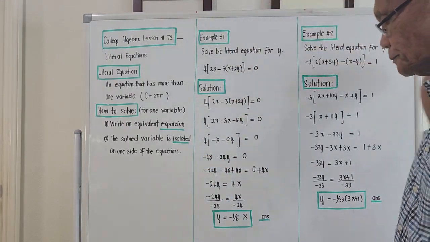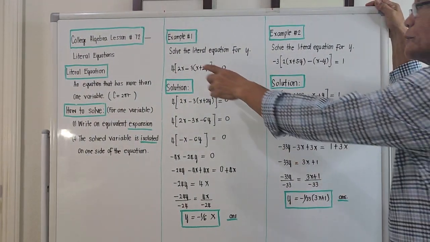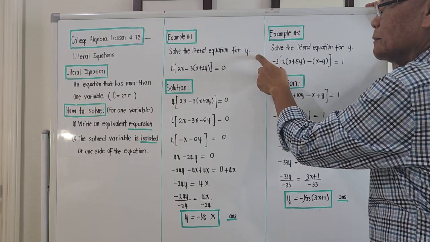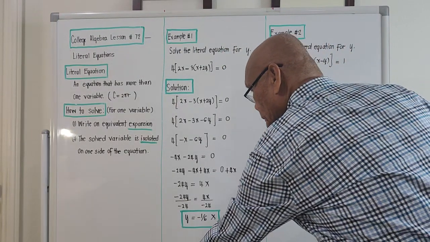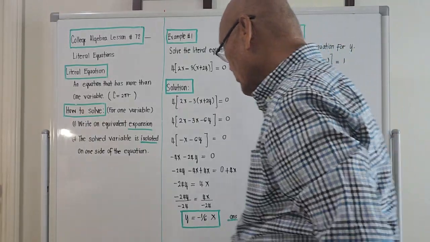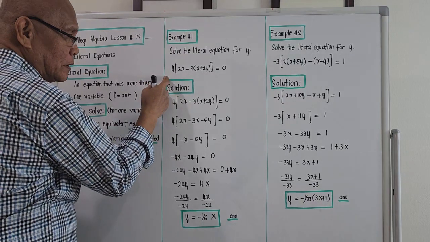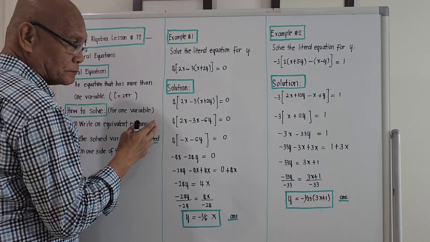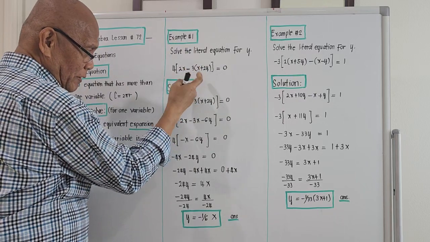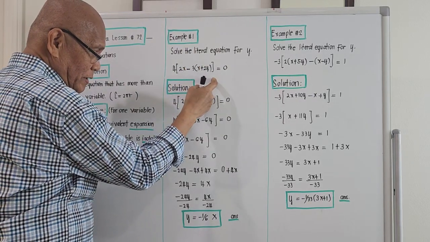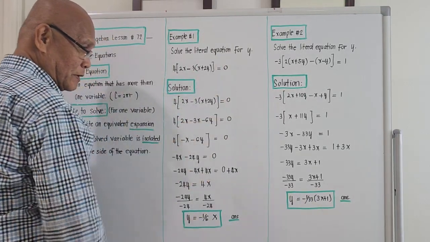Example number one. Solve the literal equation for y. The given literal equation is, I will try to read it: 4 open bracket, 2x minus 3 multiplied by the quantity x plus 2y, close quantity, close bracket, and this should be equal to 0.